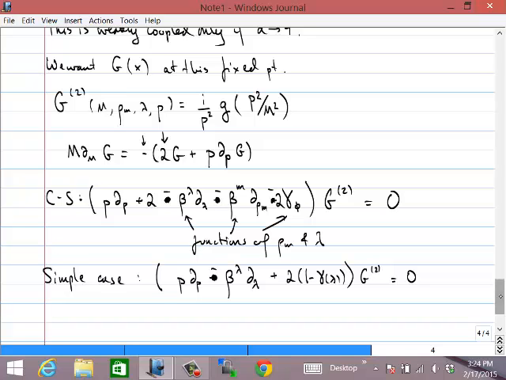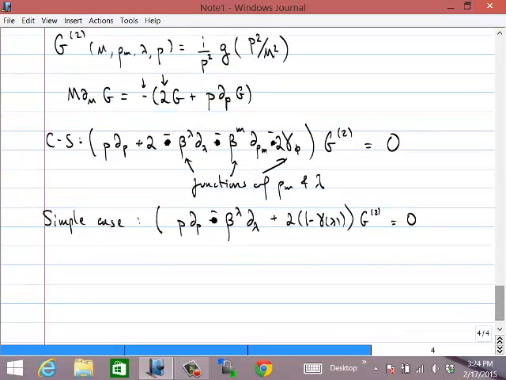So in order to solve this equation, the first thing that we do is think about the coupling and how it changes with scale. So g is a function here of both p and lambda. But we know that as you change p, the effective coupling will change.